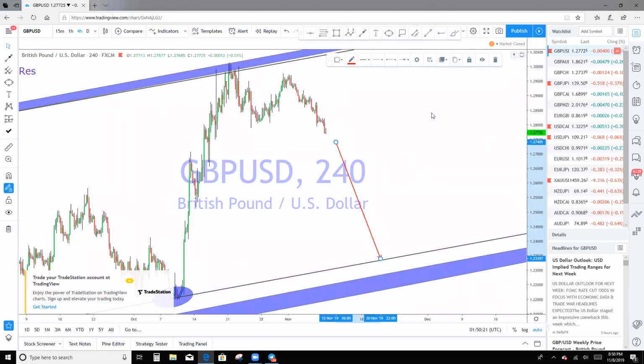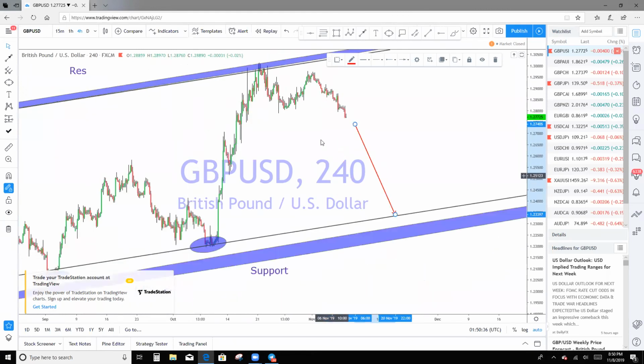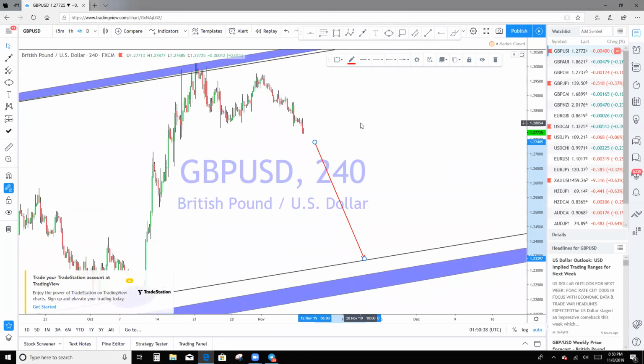You want to find the trend, find the entry. That is your objective in market structure. It's that simple. So on the 4-hour time frame, the exact same thing that we did on the daily, we're going to do it again.